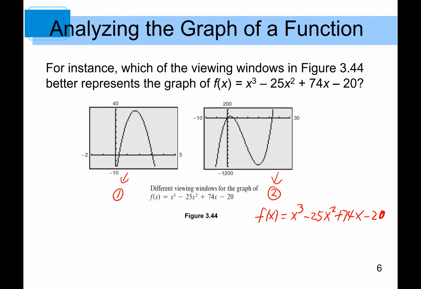So the same graph. However, if you look at the first graph, the domain is just from -2 to 5, and then the range just from -10 to 40.